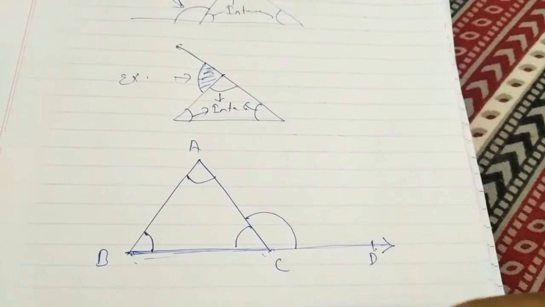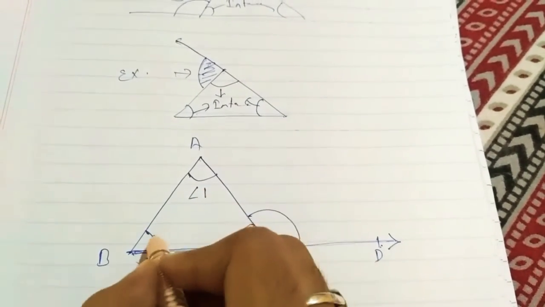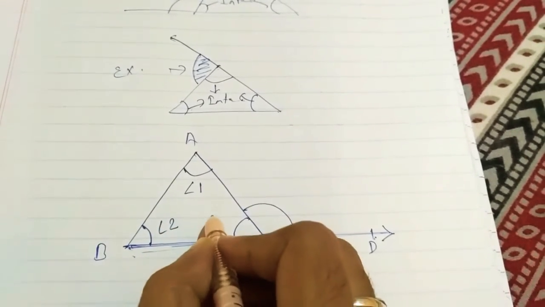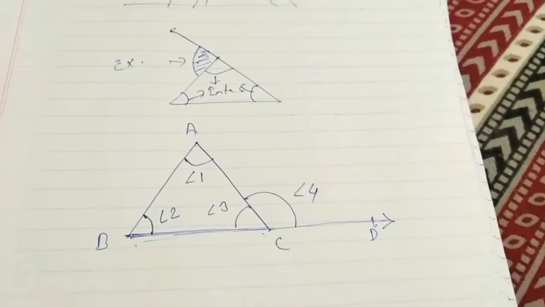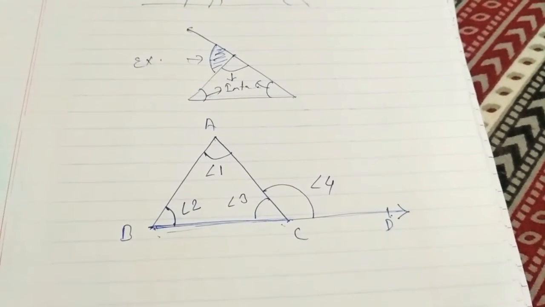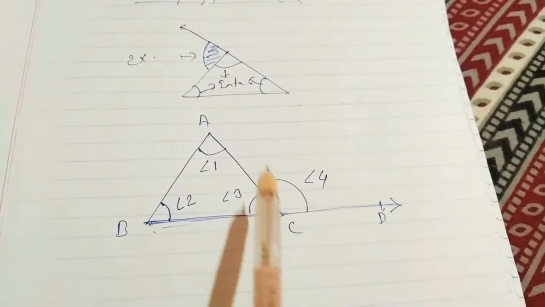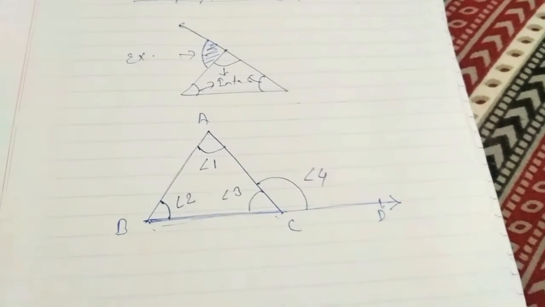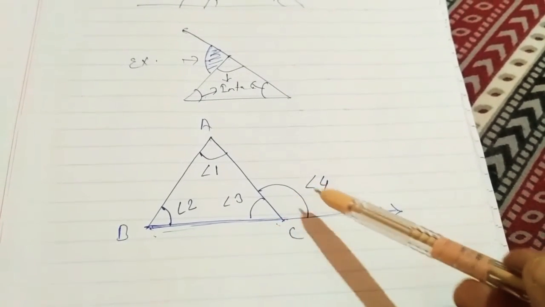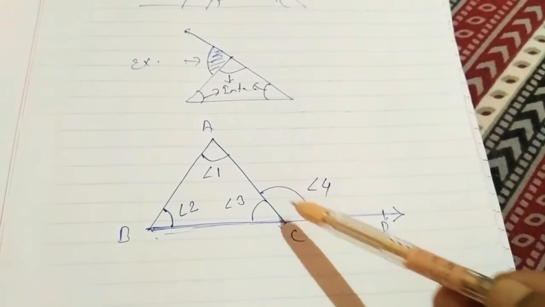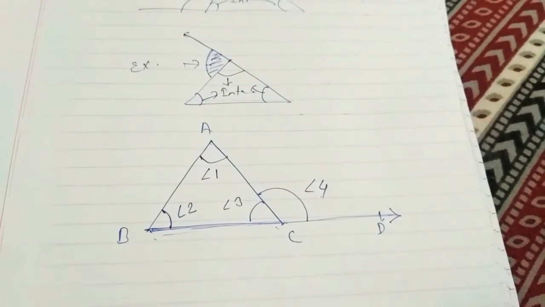Just put some names for them: angle 1, angle 2, angle 3 and give angle 4. So this is the figure. Names of interior angles: angle 1, angle 2, angle 3, and name of exterior angle here is angle 4. So these are the names of the angles.